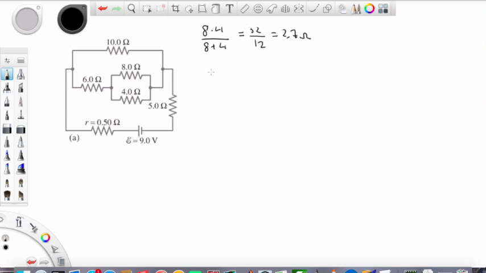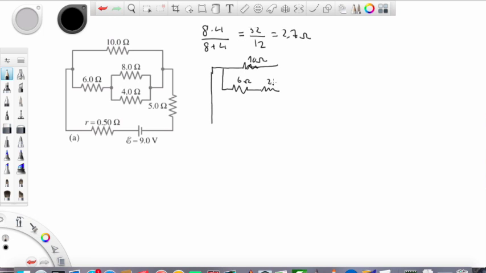So in that case, our circuit would look something like this. 10 ohms there, then this other branch 6 ohms.